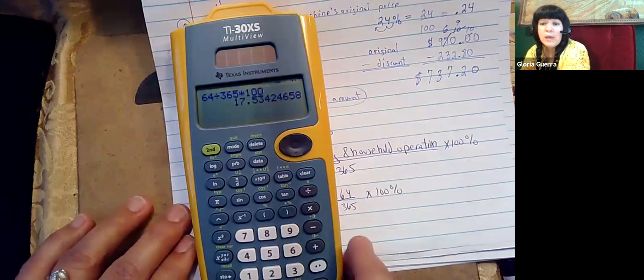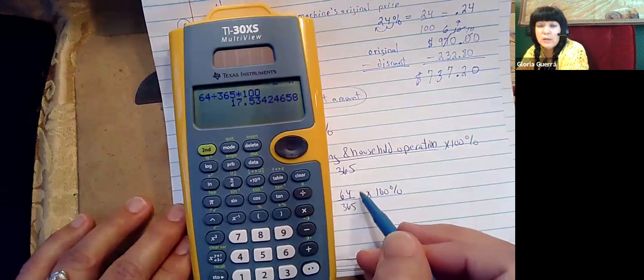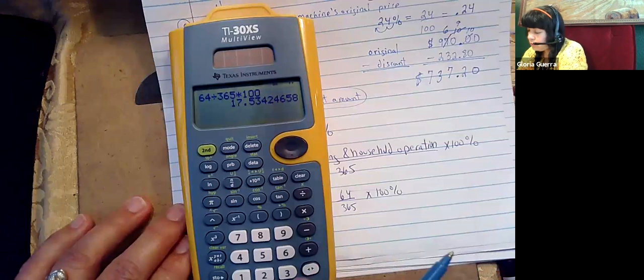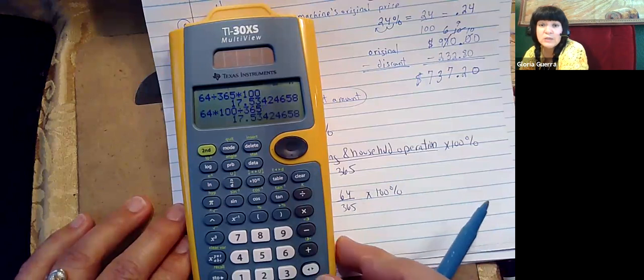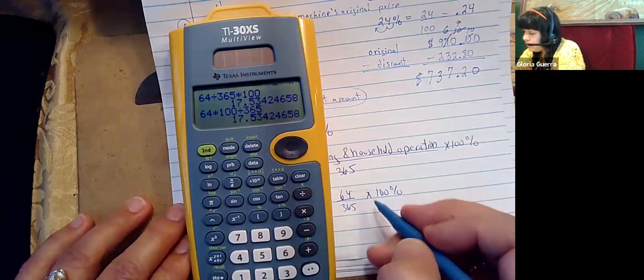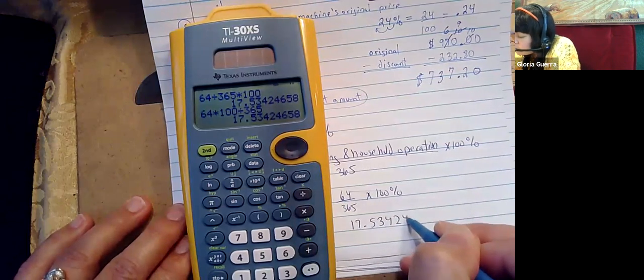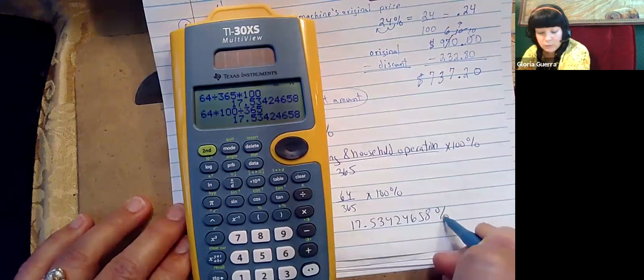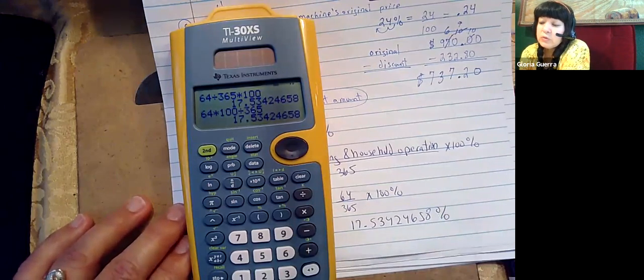And if you wanted to go across, you could also do this: 64 times 100 and then divide it by 365, and you'll see that we get the same answer. So we get 17.53424658%.